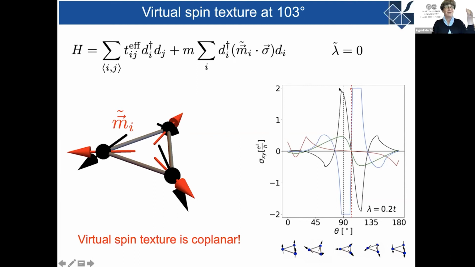What I wanted to say is, it's more a topological Hall effect that we observe. And of course, for other angles, you also get this topological Hall effect. And you see that it disappears if I approach the ferromagnetic configuration. I wouldn't have topological Hall effect in the ferromagnetic configuration. And I have this certain point where it goes to 0, where the virtual spin texture approaches a coplanar texture.